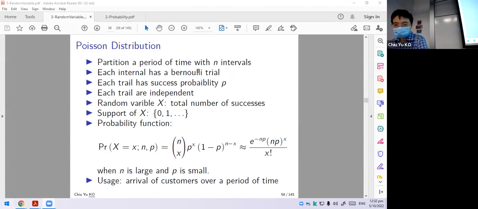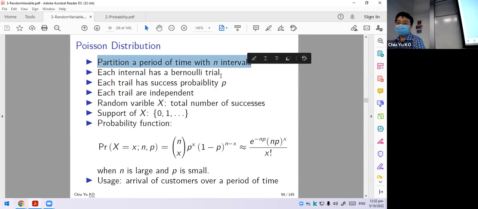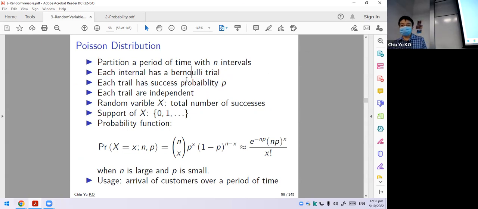Like I said, we partition the time period into n small intervals. Each time interval has a binomial trial, each trial has a success probability p, and each trial is independent. Sorry, the typo should be trial. Each trial is independent, and x is the number of successes.